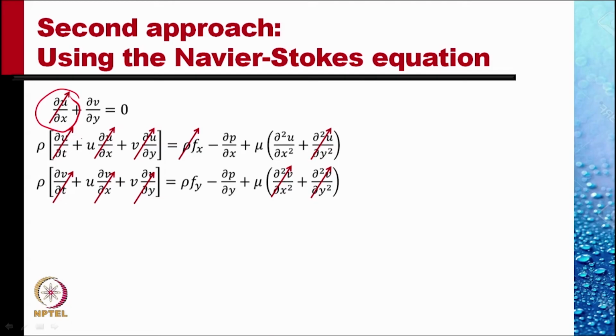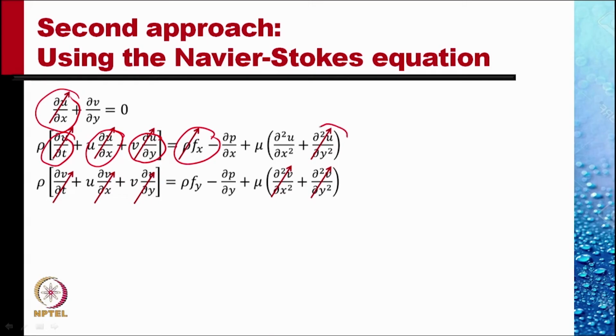This term disappears because the flow is steady. This term disappears because u is not a function of x. This term disappears because v is 0. There is no vertical component of velocity. This term disappears because there is no body force in the x direction. There is body force only in the y direction.